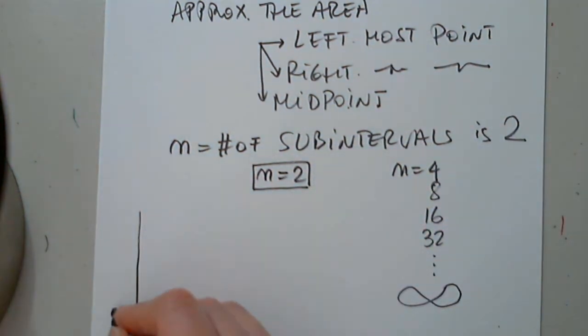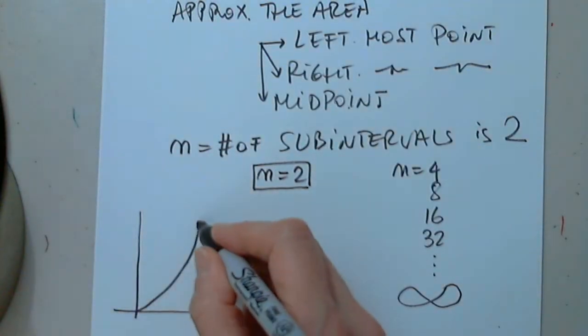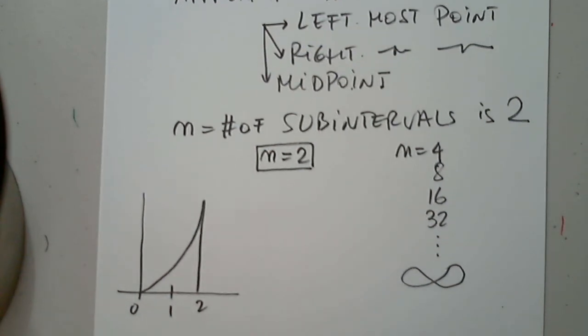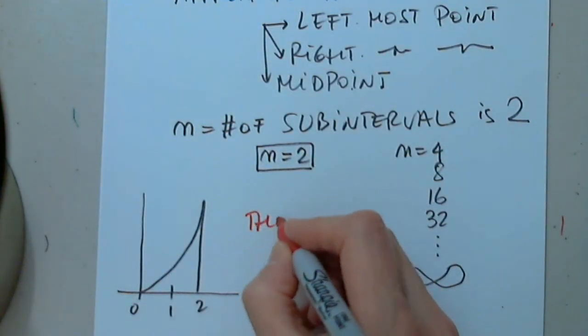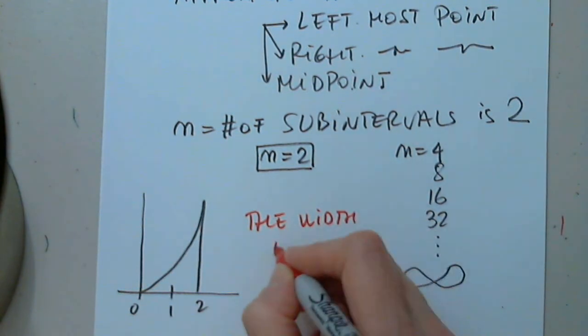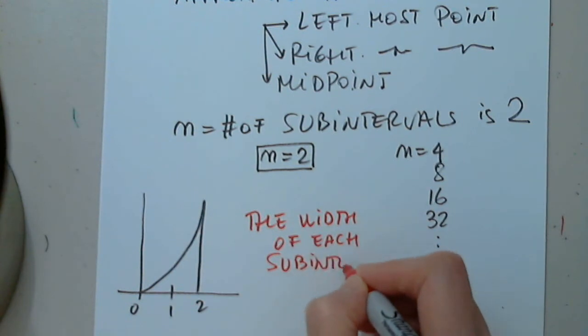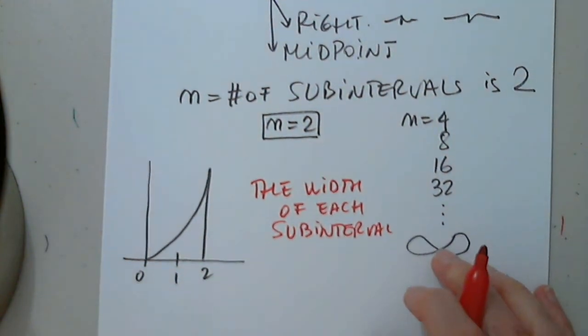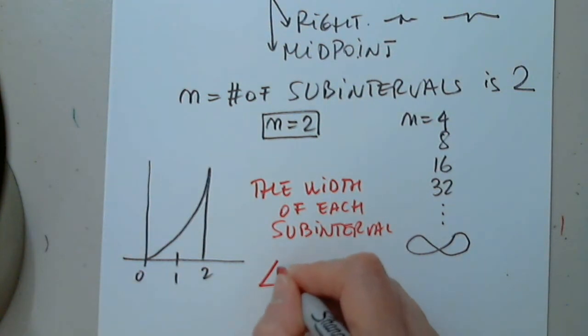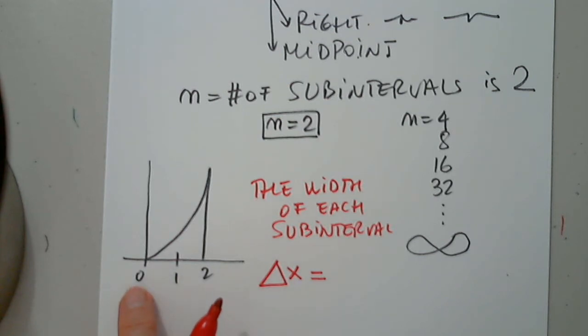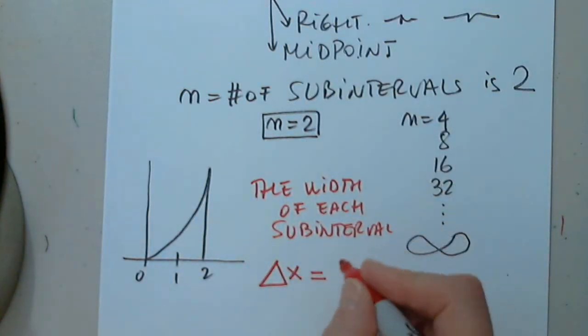Okay, back to my graph. Here's my graph. So this is 0, this is 1, and this is 2. N equals 2. Now, the width of each subinterval is one of our best friends from the past, delta x, b minus a over n.